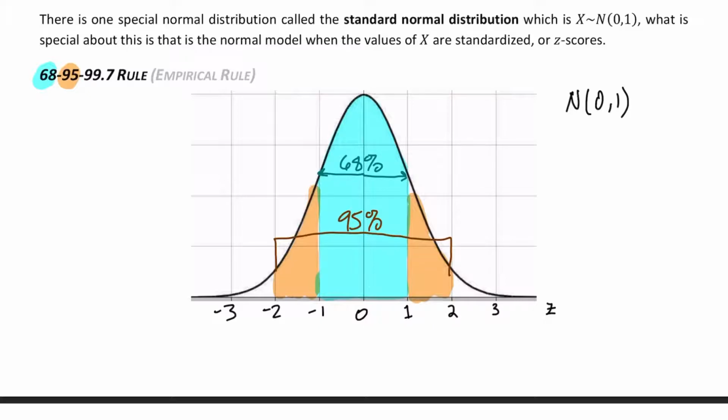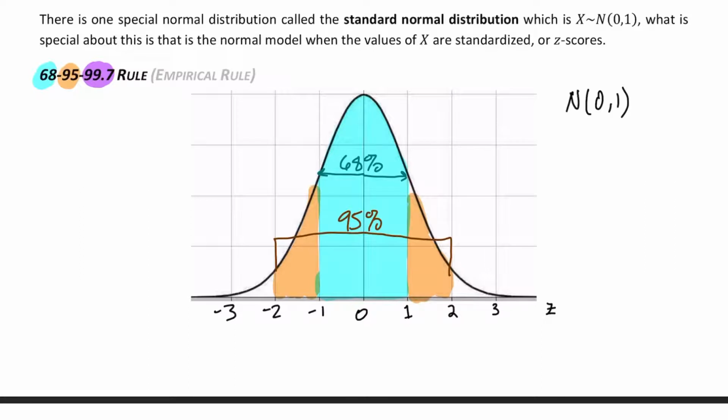All right, lastly, the 99.7. I bet you can figure out what this one's going to be. If I go up 3 standard deviations and down 3 standard deviations, notice that's 6 standard deviations wide, that's going to be 99.7%.